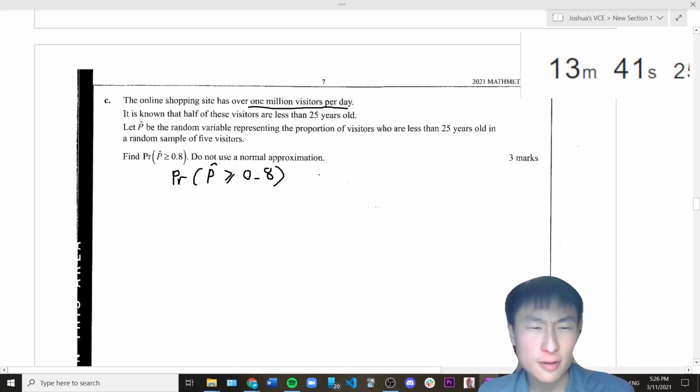Okay, so if you have 5 visitors, then that's the same as the probability that X is larger than or equal to 4 in those 5 visitors. Let's say X is a binomial.